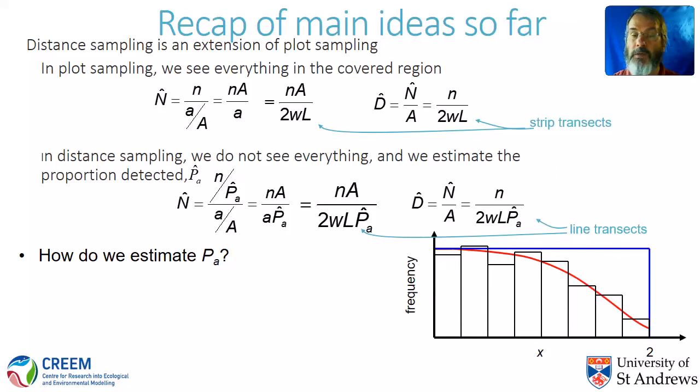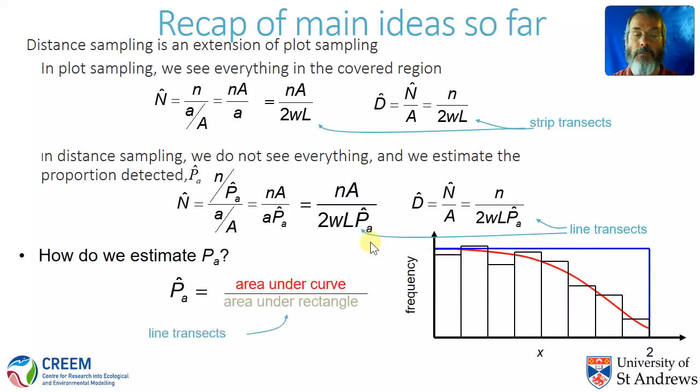As I said on the previous slide, the key to being able to produce estimates of abundance from distance sampling is to be able to estimate this quantity p sub a. And we estimate p sub a by calculating the area of this rectangle, which would be the case if we saw all animals all the way out to the truncation distance W. We take the ratio of that area to the area under this detection function.